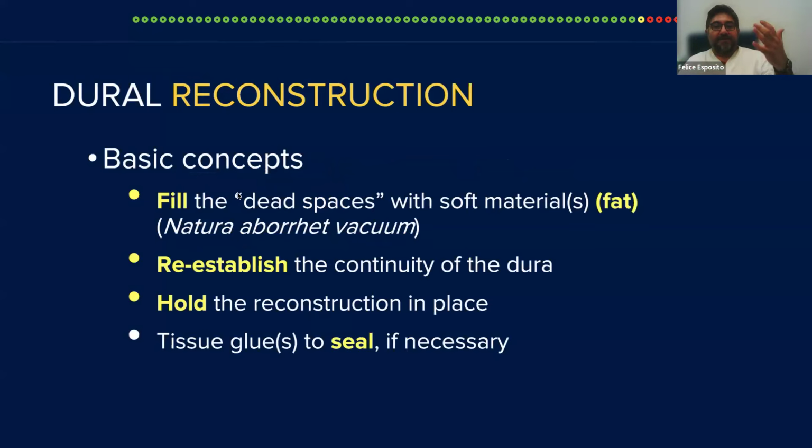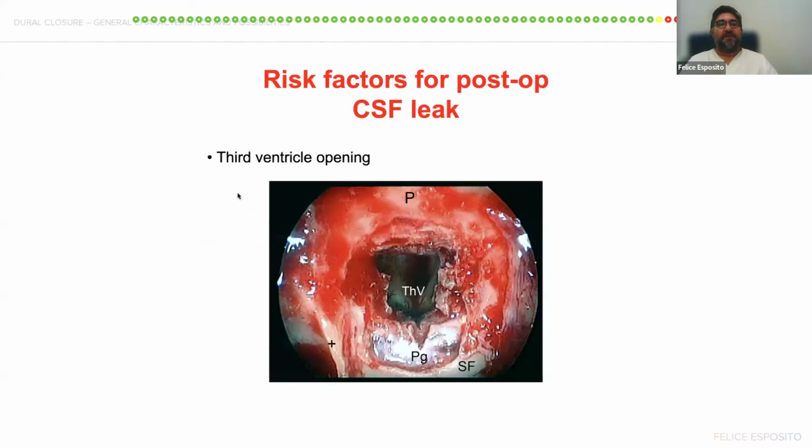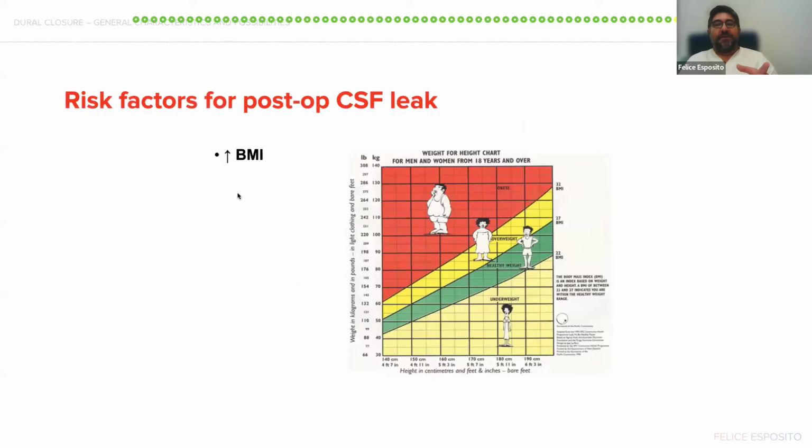Fill that space, reestablish the continuum of the dura by using different grafts. Hold the reconstruction in place to avoid that, with the gravity, the reconstruction will fall down, and use the tissue glues to seal if necessary. I will skip this.